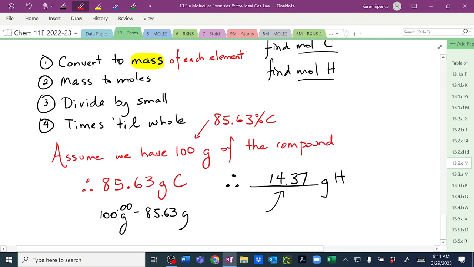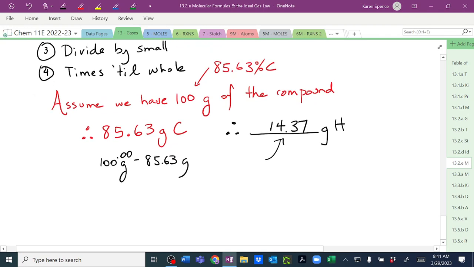Second thing we want to do is convert the mass to the moles of each element, because if we know the moles of each element, we can find the ratio between them. So let's do that. So we're going to find the moles of carbon, 85.63 grams of carbon times 1 mole per, we'll use the 12.01 grams from the AP periodic table.